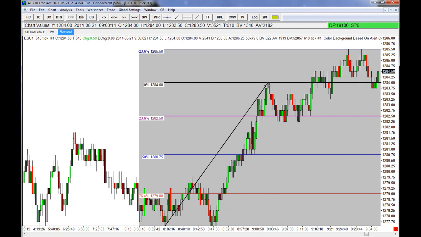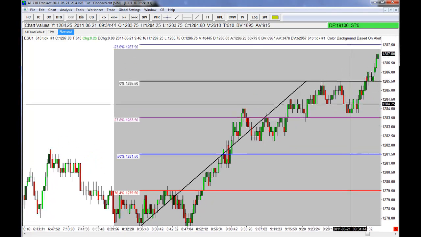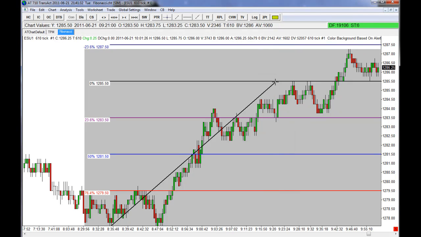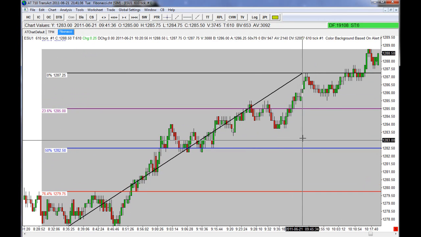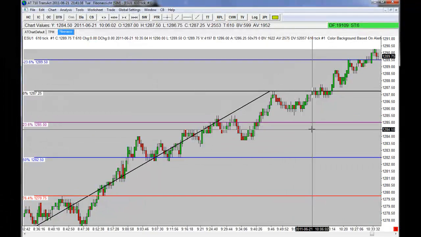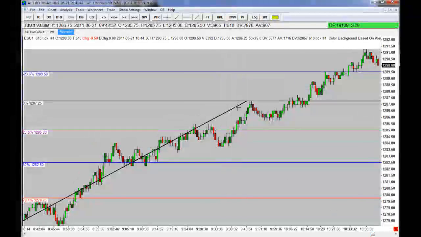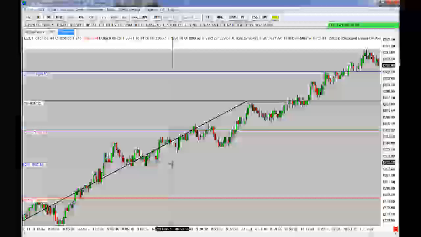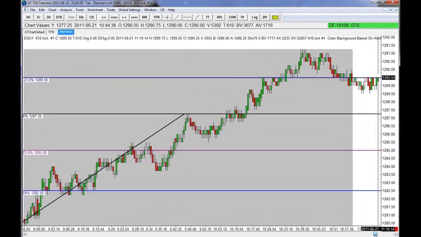So I again moved my fib. I moved my 0% line. Again it went above, back down. And as you can see, price just moved in one direction the whole morning. At this point I wasn't looking to take any trades as the distance between these two was greater than 2 points.